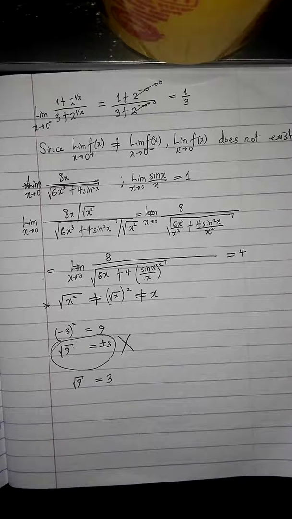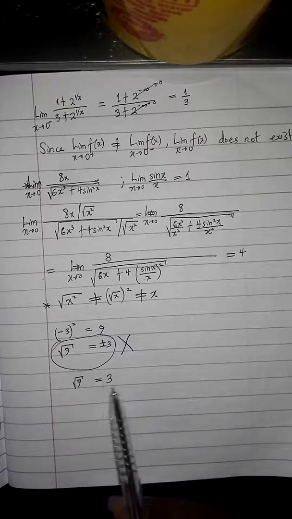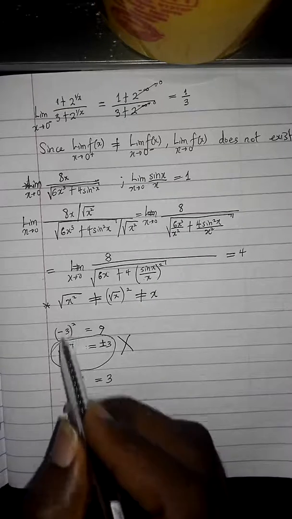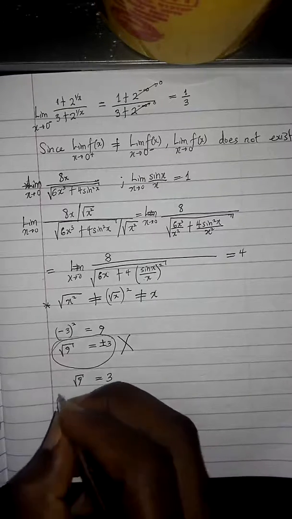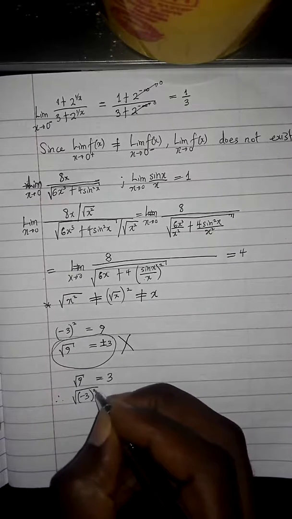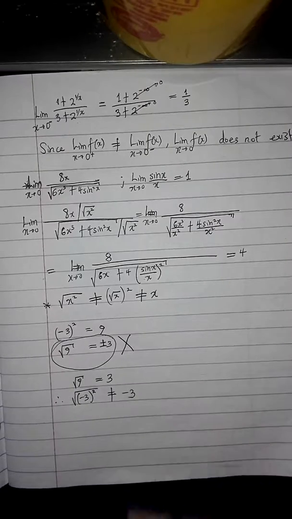So you can see now that we started off with minus 3, and now we've arrived at plus 3, which tells us that the square root of minus 3 all squared is actually not equal to minus 3, as you can see here.